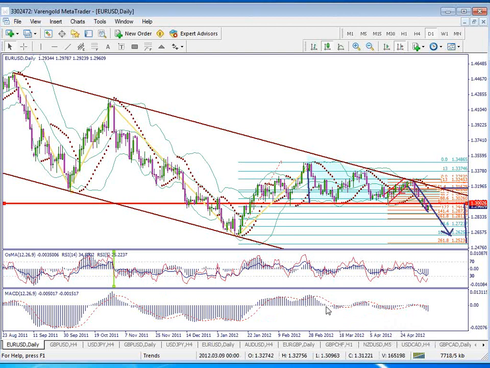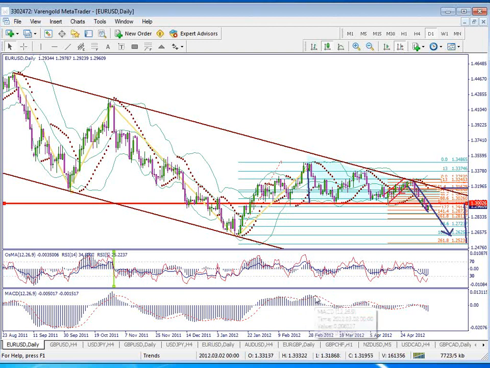I saw that MACD is used for a lot of systems that are used for scalping or on smaller time frames, but according to the history of the pairs, the signal from MACD is actually coming at the half of the move.